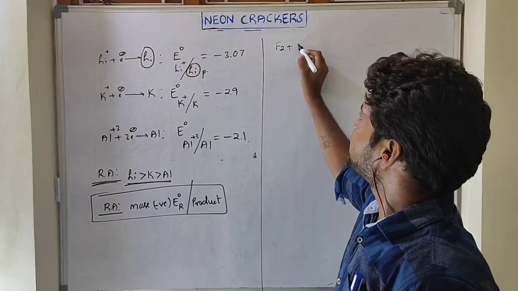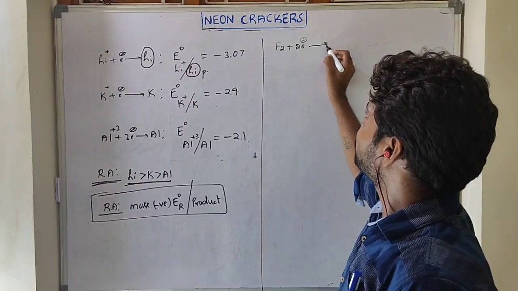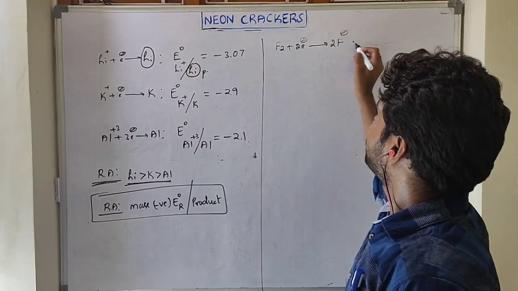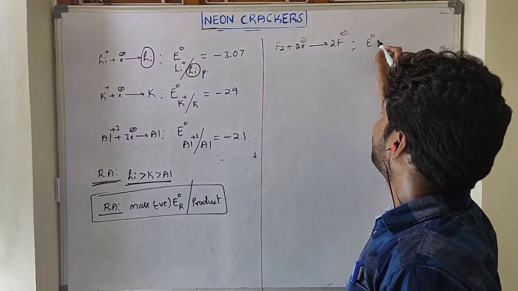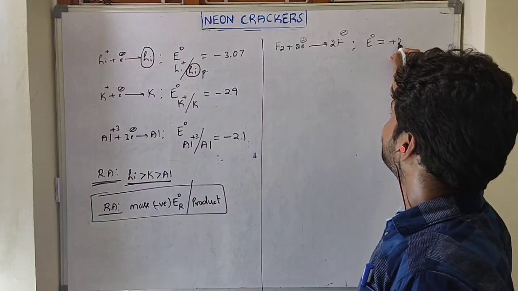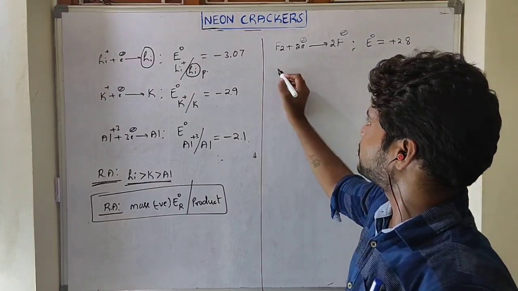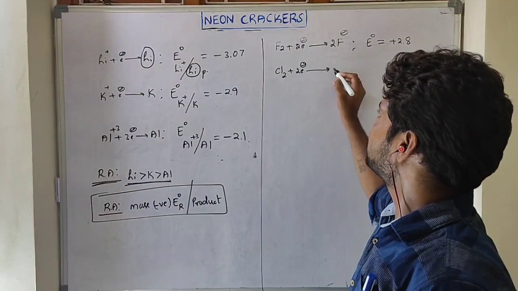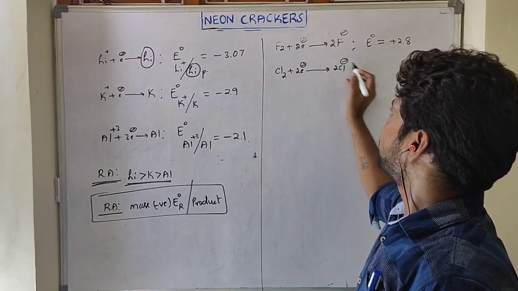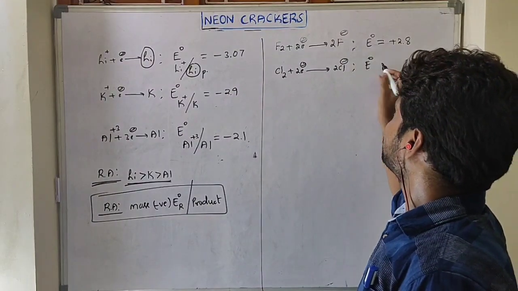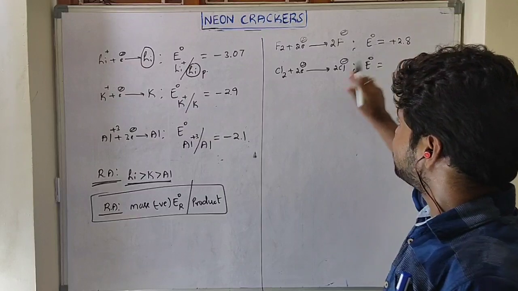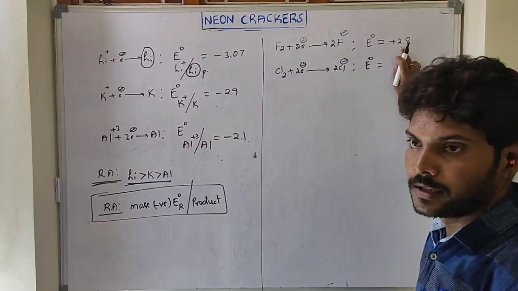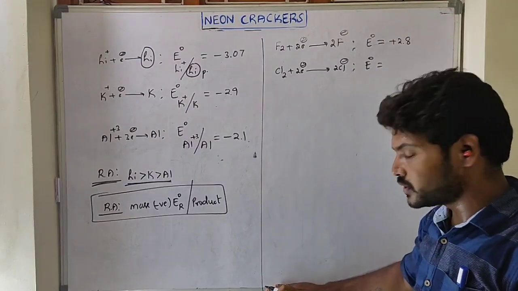Fluorine plus the addition of 2 electrons forming 2F minus, and we got the potential value. What is the potential value? Plus 2.8 something, the most positive value. Next, chlorine adding 2 electrons forms 2Cl minus, and here the potential value would be lesser than this, because the highest positive value is fluorine.